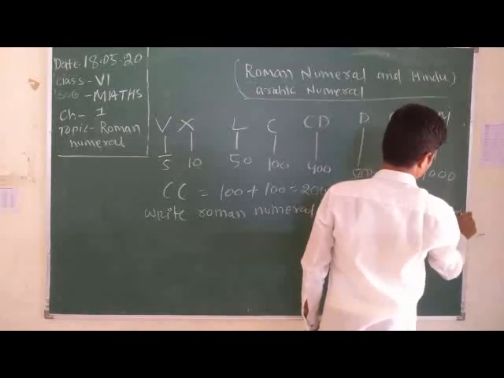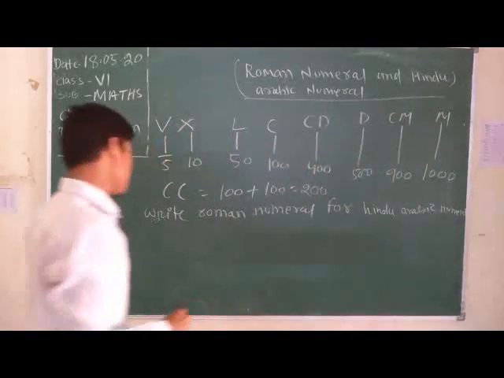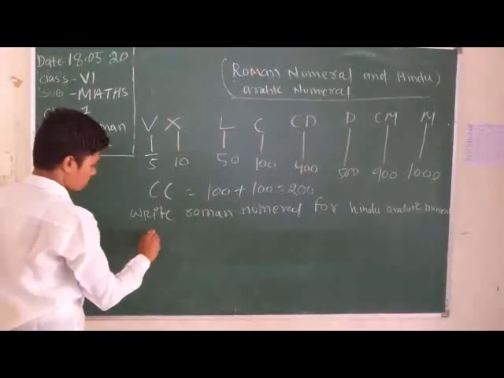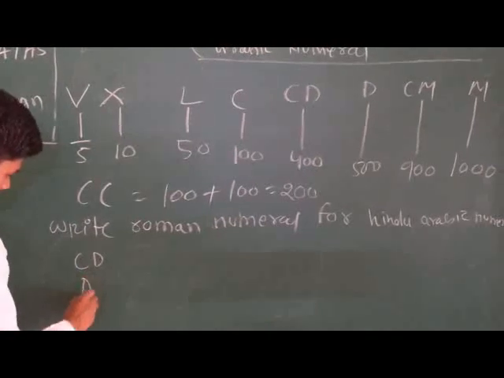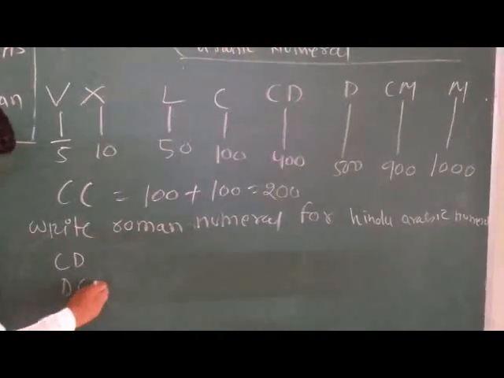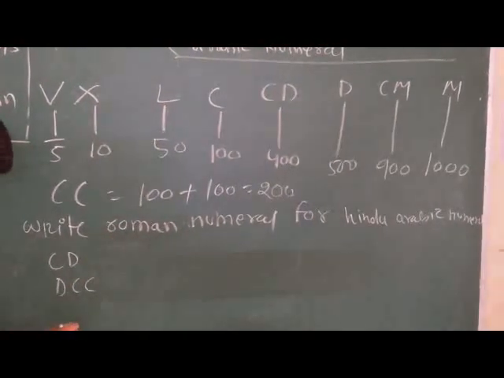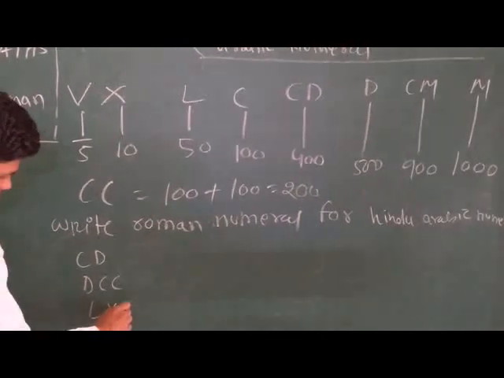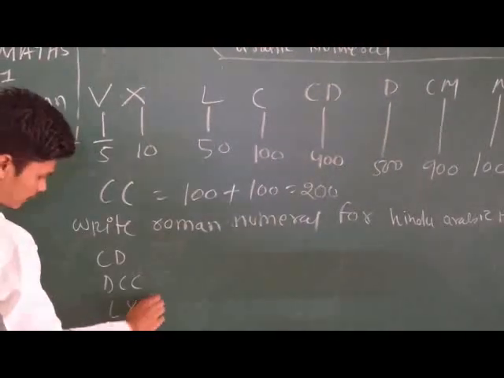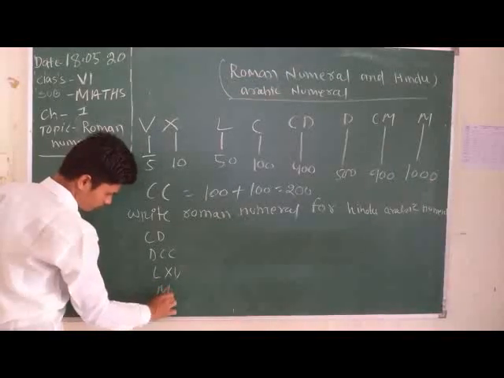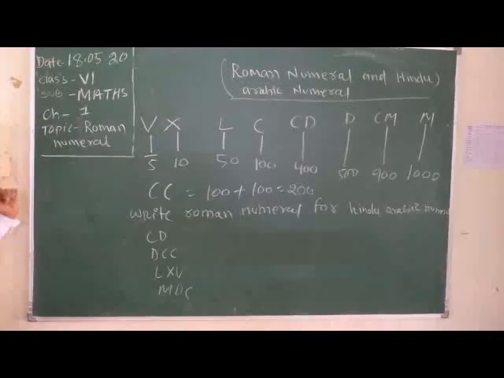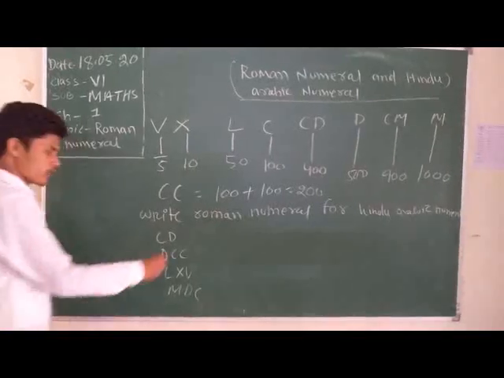How to write some examples like here: CD, DC, DCC, LXV, and MDC. Then how do we find the value for these?